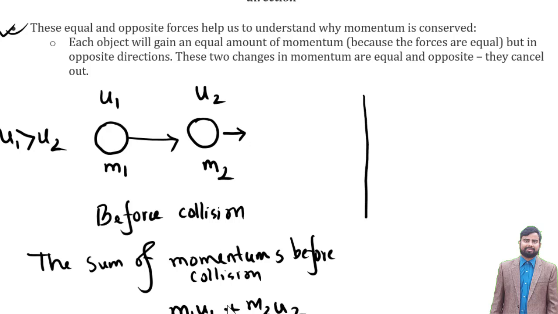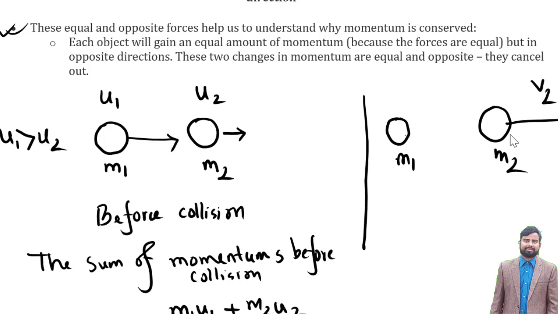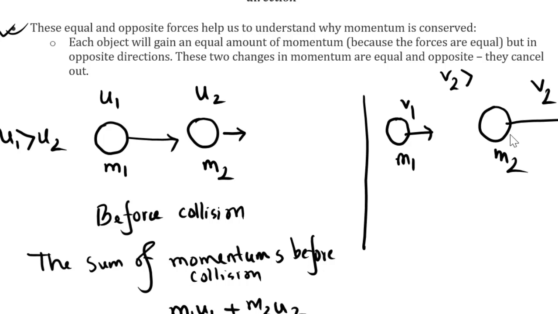But after collision, the speed of the second object m2 increases and becomes v2, and the speed of the first object becomes v1. Here v2 is greater than v1 after collision.